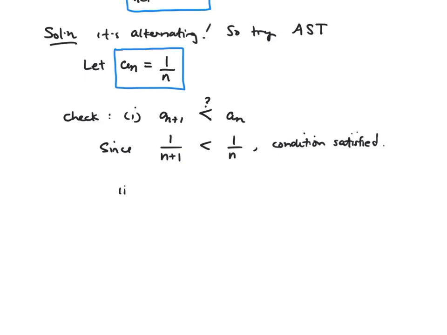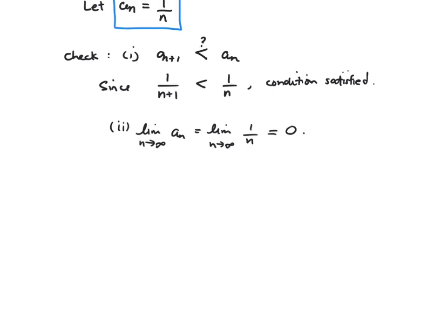And then the second thing, also not too much of a challenge. I simply need to take the limit as n goes to infinity of an, which is the limit as n goes to infinity of 1 over n. Now as n goes to infinity, 1 over n goes towards 0. So it equals 0. That's the second condition satisfied. And there's not a lot more I can do except simply state those two facts.